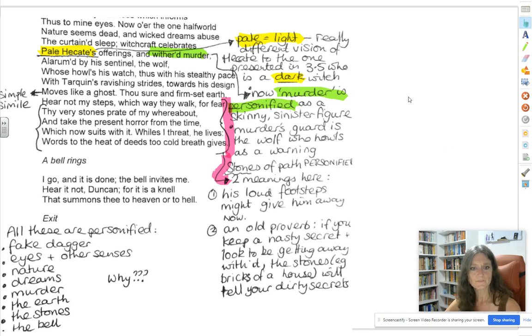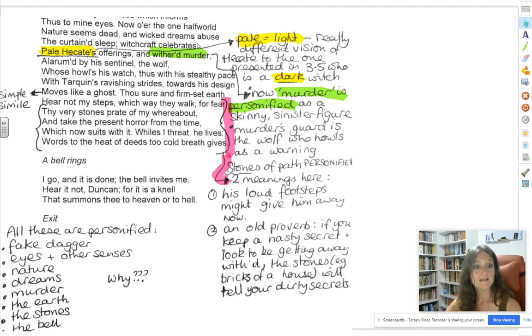But then Macbeth uses a word that he doesn't use very often, withered murder. So he's talking about what goes on in the darkness. Now, over the one half world, nature seems dead and wicked dreams abuse the curtained sleep. Witchcraft celebrates pale Hecate's offerings, and withered murder goes about his deeds, basically.